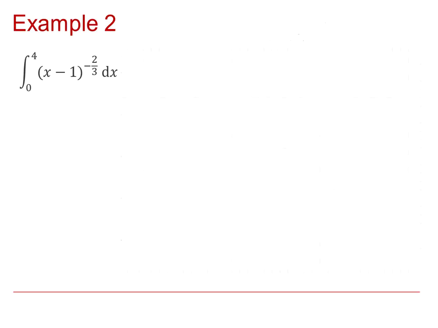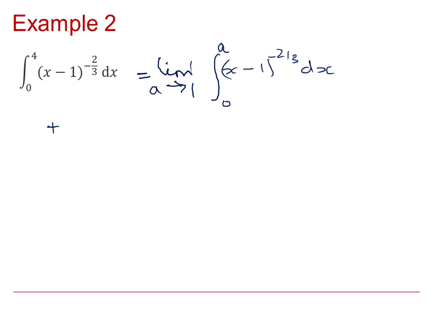We'll use the same technique as previously. So it's still the limit as the new variable tending to 1. I'll write it on a different line here.